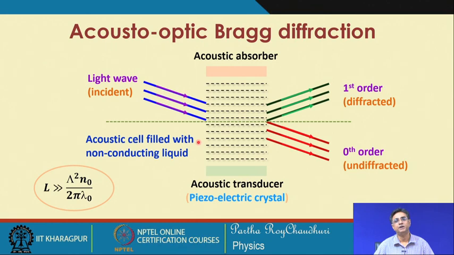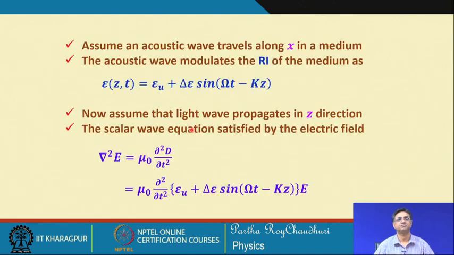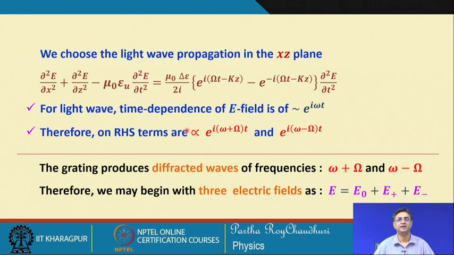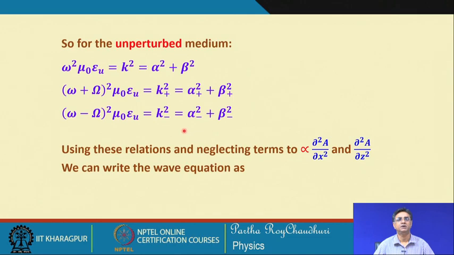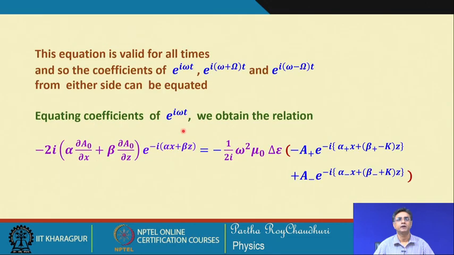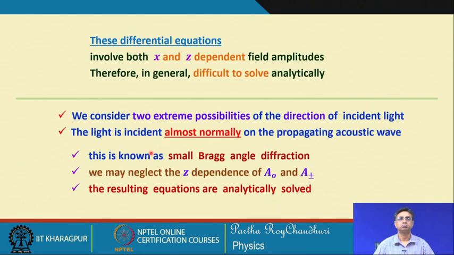So, that will be a large angle incidence. So, in that case we can make that approximation that the electric field is only a function of z, but not a function of x. So, under that assumption we consider two extreme possible cases depending on the direction of the incident light.